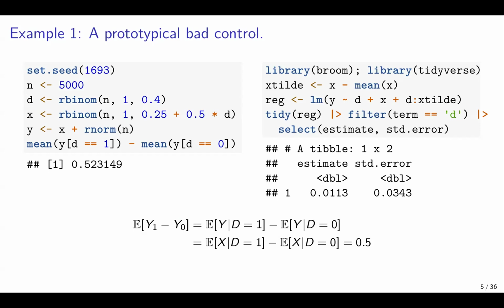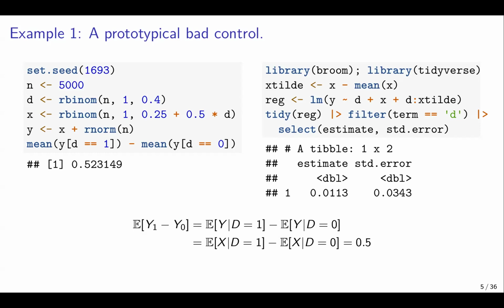Okay, so now I'm going to carry out a number of calculations. The first calculation, which is on the bottom left-hand column, right at the bottom of the code block, is I'm going to compute the naive difference of means, y when d is 1, compared to y when d is 0. Now that naive difference of means is approximately 0.52. Now let's look at the right-hand side column, which has another block of our code.